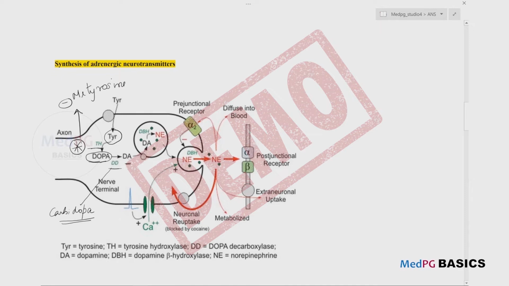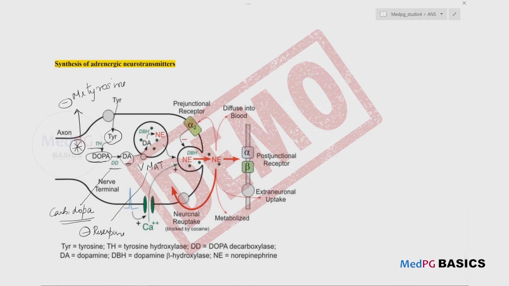Once dopamine is formed, it is carried inside the synaptic vesicle with the help of a transporter known as VMAT, vesicular monoamine transporter. This VMAT is inhibited by the drug reserpine, and the other drugs that inhibit VMAT are tetrabenazine, deutetrabenazine and valbenazine.